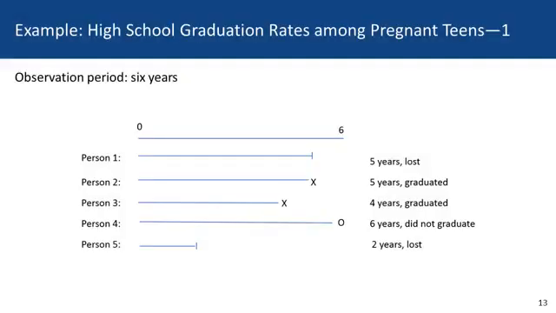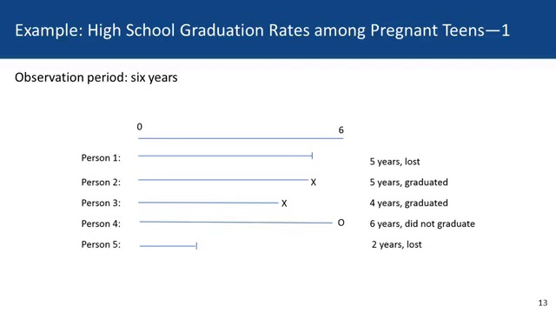Let's look at this graphical depiction of our specific study of interest in a specific number of 5 individuals. Our observation period is 6 years, 2012 to 2018. Let's imagine person 1 was observed for 5 years, but then they were lost to follow-up. They were no longer interested in being contacted by us.